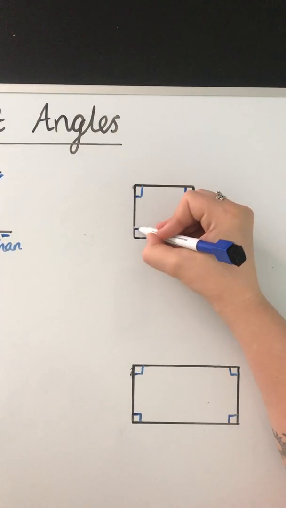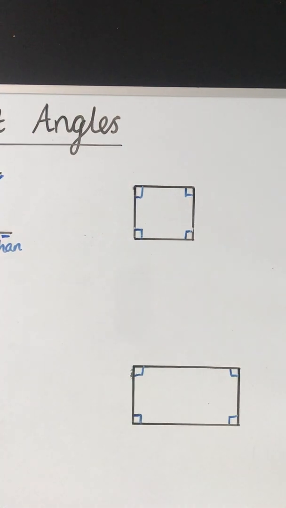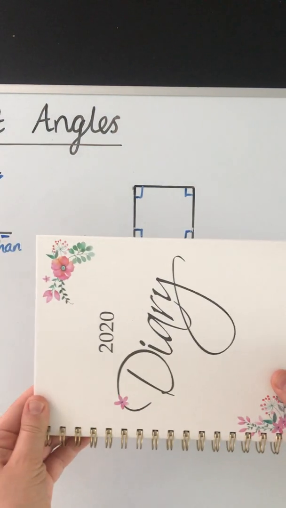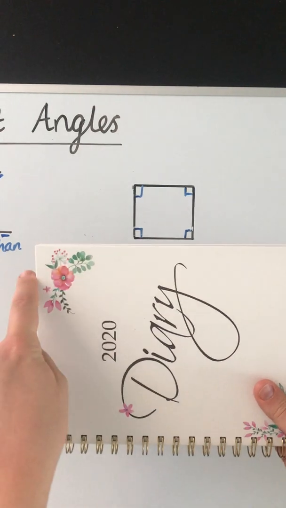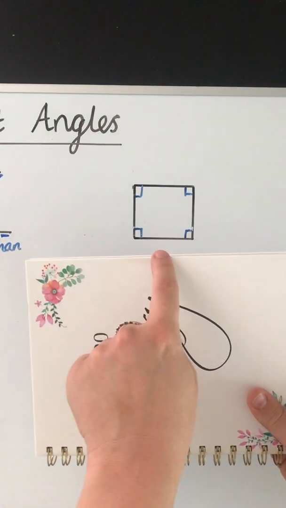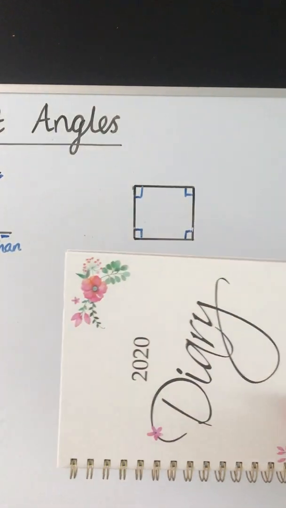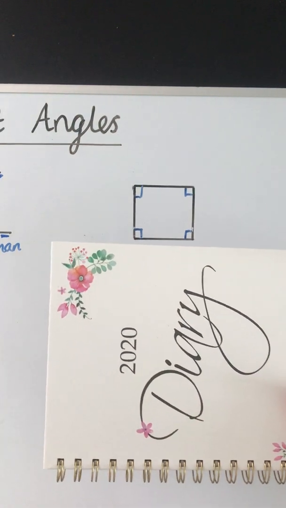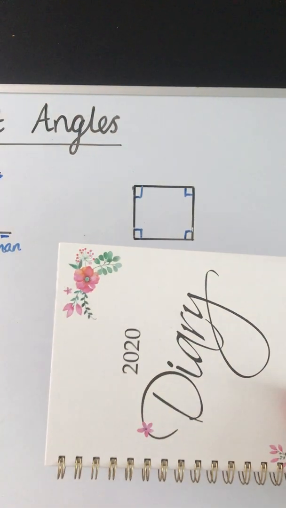So what you could do is, if you pick something up that is a square or a rectangle, so for example, my diary here, you could use that corner to check shapes or things around your house to make sure that they're definitely a right angle.